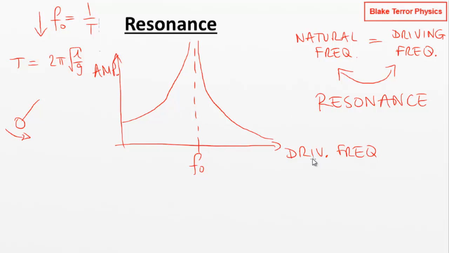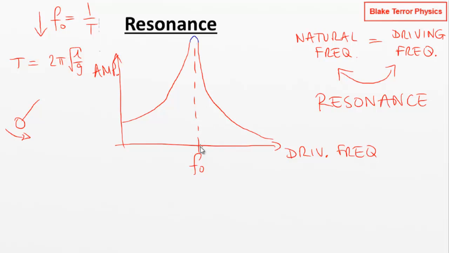Now in reality that doesn't actually happen, because you're always going to get some kind of damping going on. You're never going to have a system which has got no friction in it whatsoever, and friction acts to damp, because friction always opposes the motion. We know this. So friction is a damping force, which means this is going to cap off at some kind of peak in reality. So yeah, in reality it's got a peak.